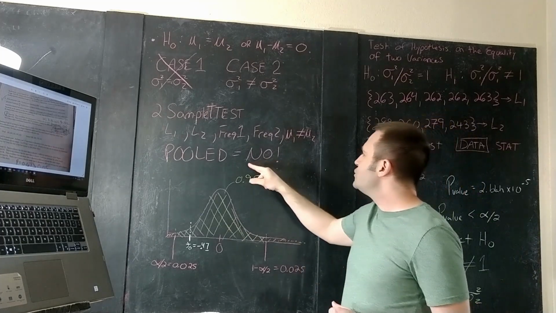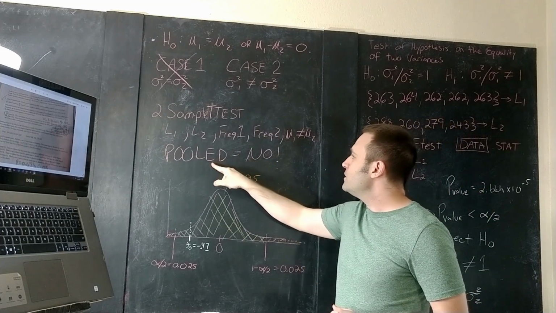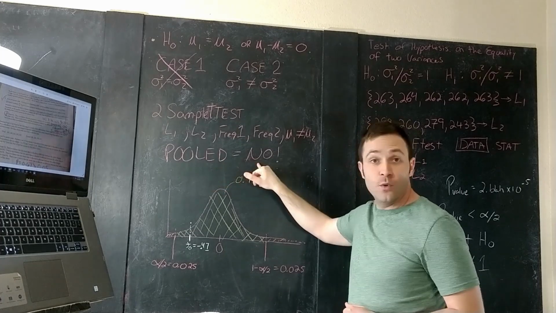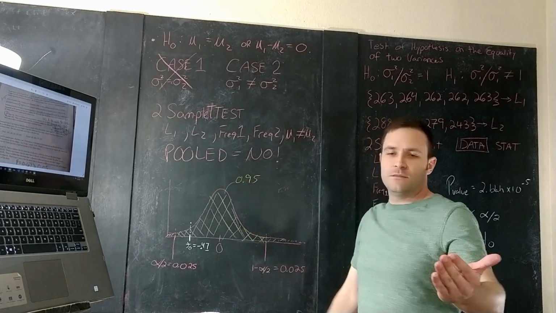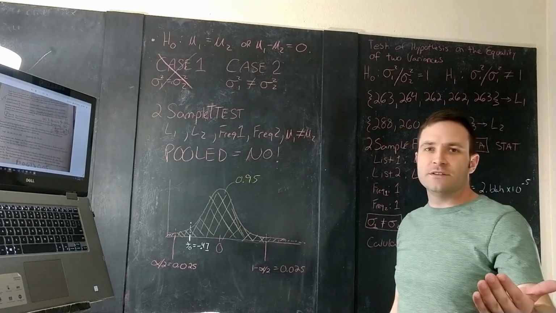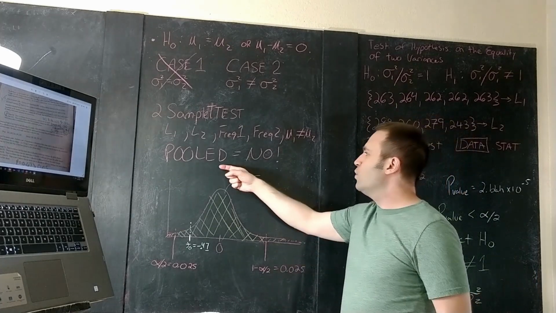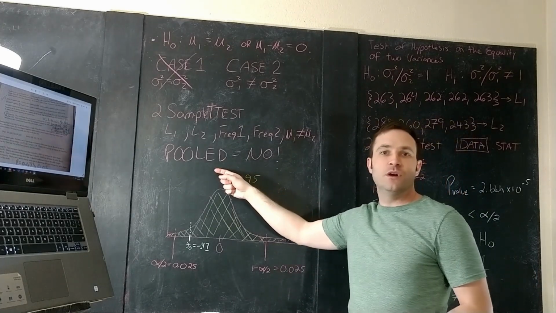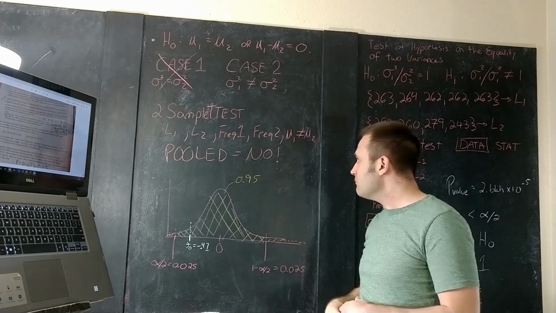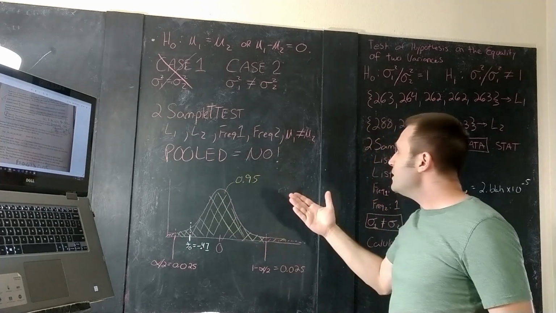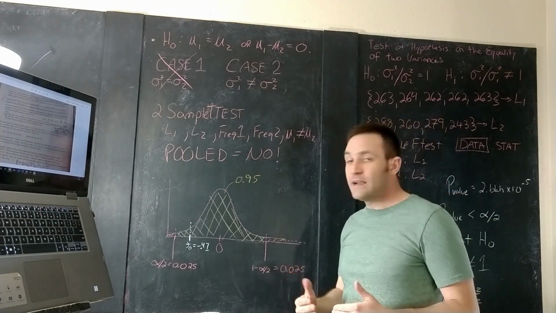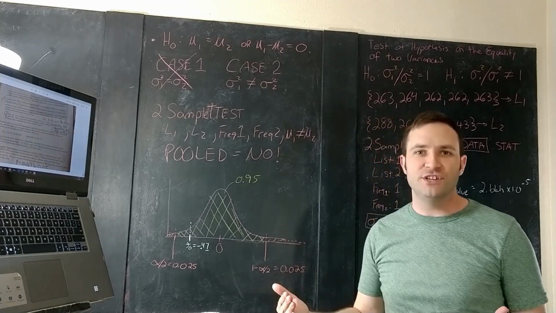And then for the field that says pooled, we're going to choose no. I don't know what that's like on your calculator, but whatever option corresponds to not pooled. Okay, so you enter that and it gives us back, again, a whole bunch of data.